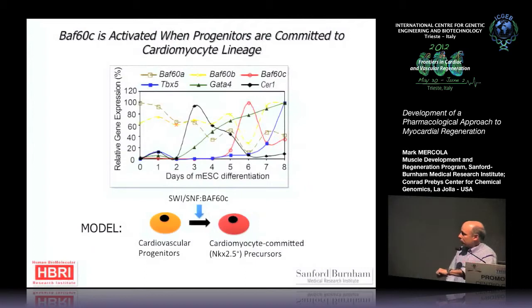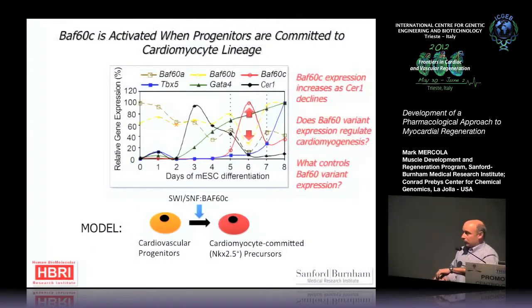So we then looked during stem cell differentiation to ask about these particular BAF60 variants, A, B, and C, C being the one that's most muscle prone. And so what we noticed is that during differentiation there is an inverse relationship between BAF60C and A and B, so that A and B are more prominent early, and BAF60C comes up very briefly, a spike of BAF60C expression.